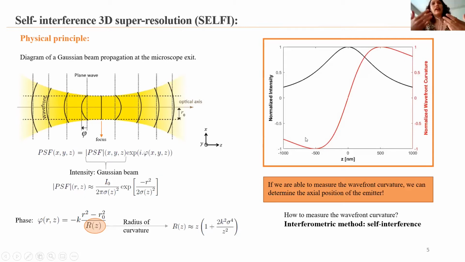Therefore, if we are able to measure the waveform curvature, we will be able to determine the axial position of my emitter. And how to measure the waveform curvature? Well, what we use is an interferometric method, which is self-interference. That means that the signal of the fluorophore will interfere with itself, creating an interference pattern.